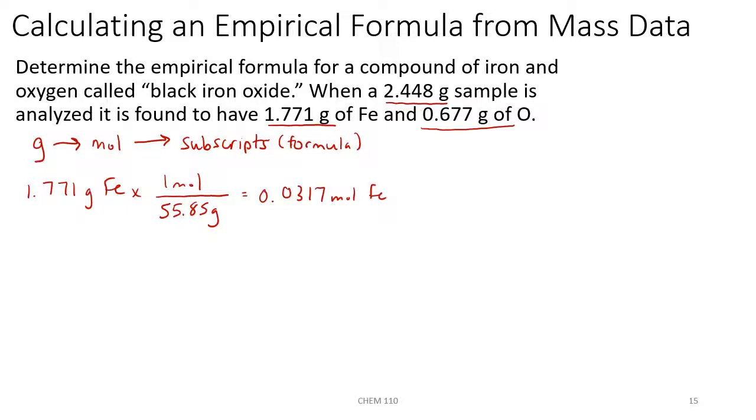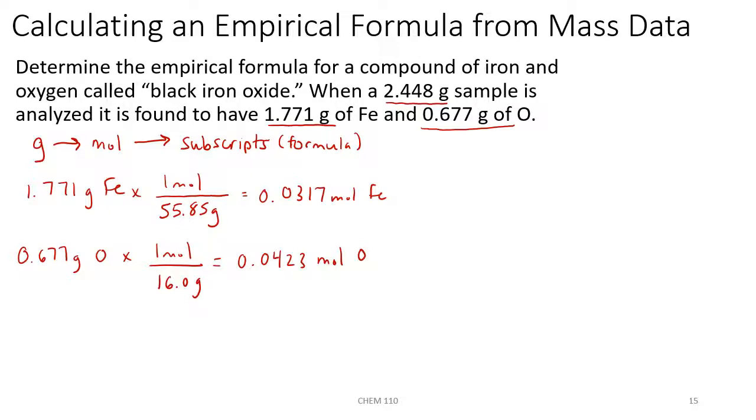And then we'll take our mass data for oxygen. We know that the sample has 0.677 grams of oxygen. And from the periodic table, 1 mole of oxygen is about 16 grams. So that gives us 0.0423 moles of oxygen.